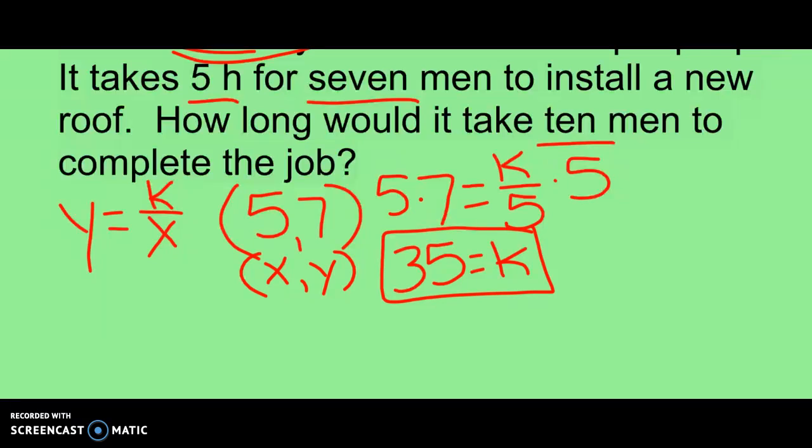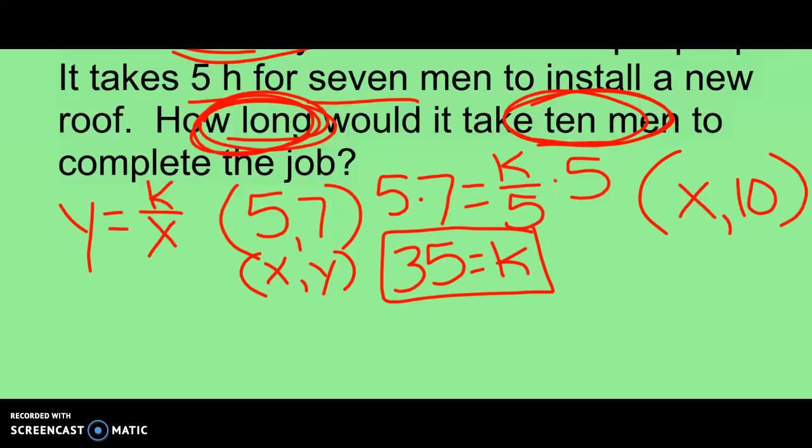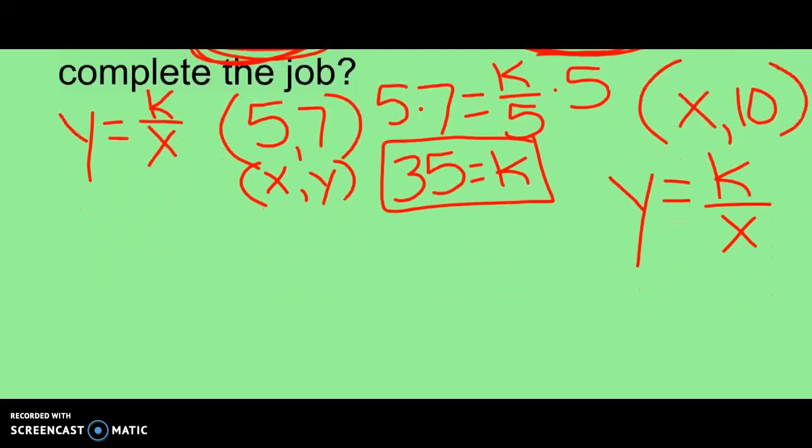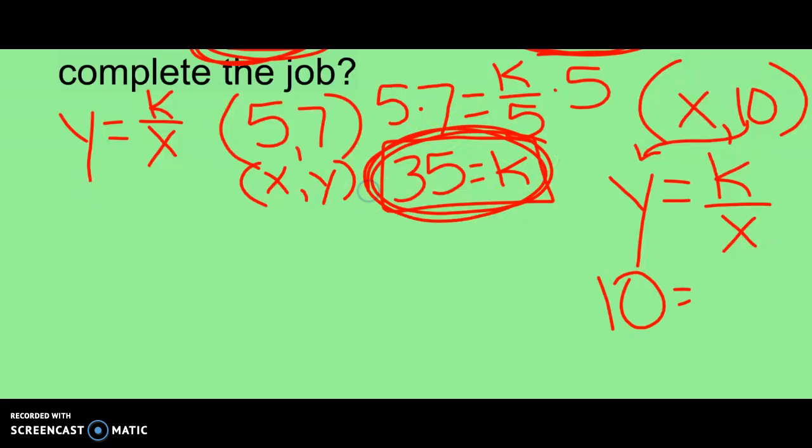Now the next question, how long, we don't know how long, so that's our x, right? Would it take 10 men? 10, so we're going to put a 10 here. Plug these points into our equation, so y equals k over x. That's our inverse variation formula. We're going to plug in 10 for y because that's y. We're going to plug in 35 for k, so 35 over x.